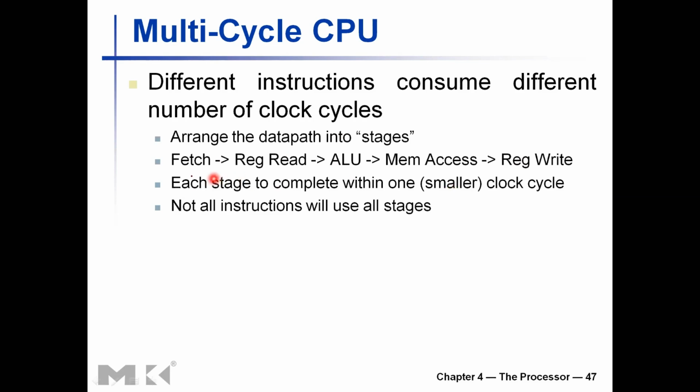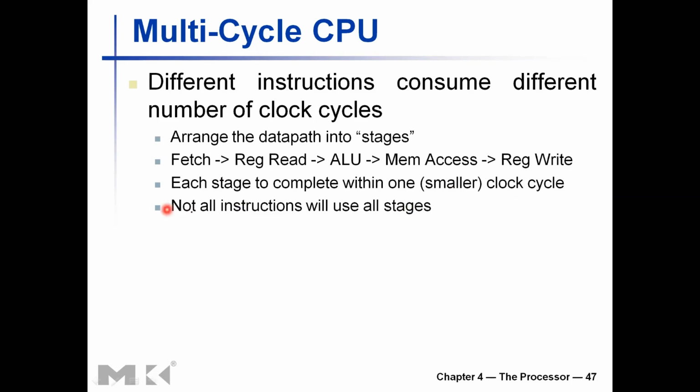Here we need only the fetch to happen within a clock cycle, register read to happen within a clock cycle, and so on, right? Each stage to complete within a clock cycle. Then your clock cycle can be smaller, shorter, meaning higher clock frequency.